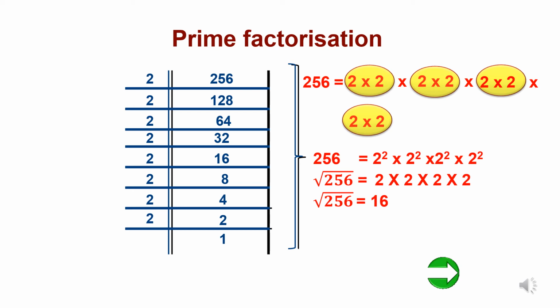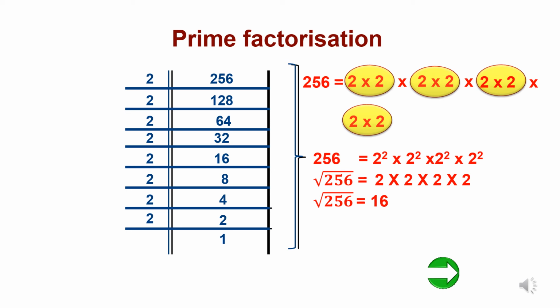Now we are trying to get the final answer over here. The prime factorization is done for the number 256. The result we are writing on the right hand side: 256 equals 2, and how many times have we written it? 8 times.